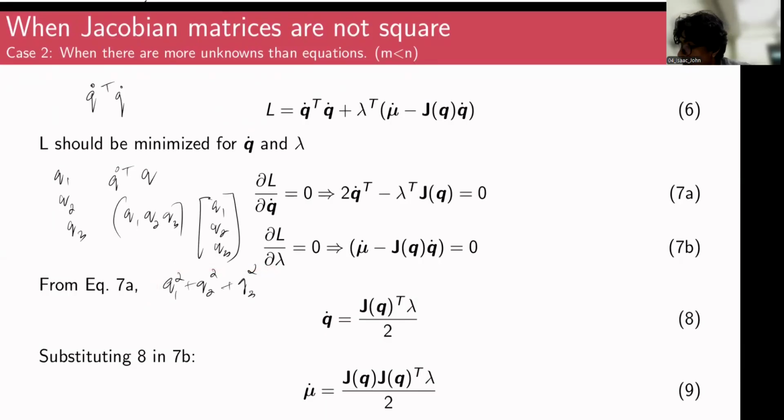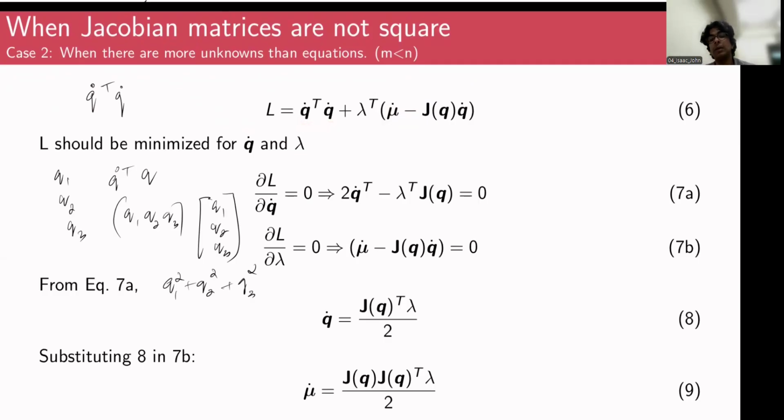So the first part of your objective function corresponds to the minimum norm of this vector q. The second part of your objective function is what we call the constraints. So this becomes a constrained optimization problem. This first term alone does not mean anything.